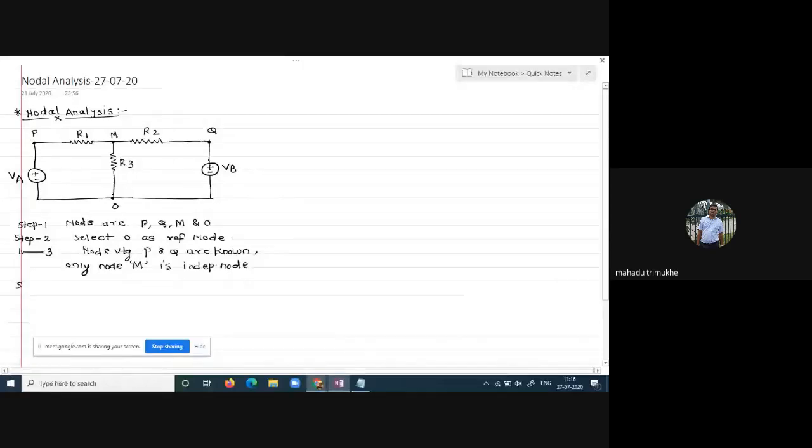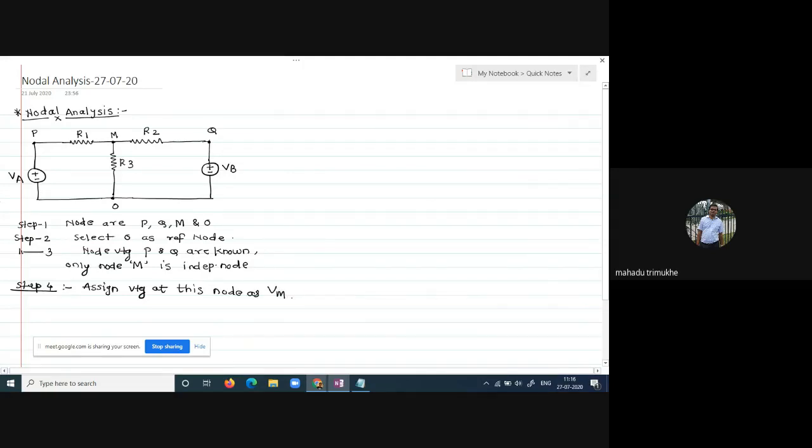Step number four, assign voltage at this node as VM.